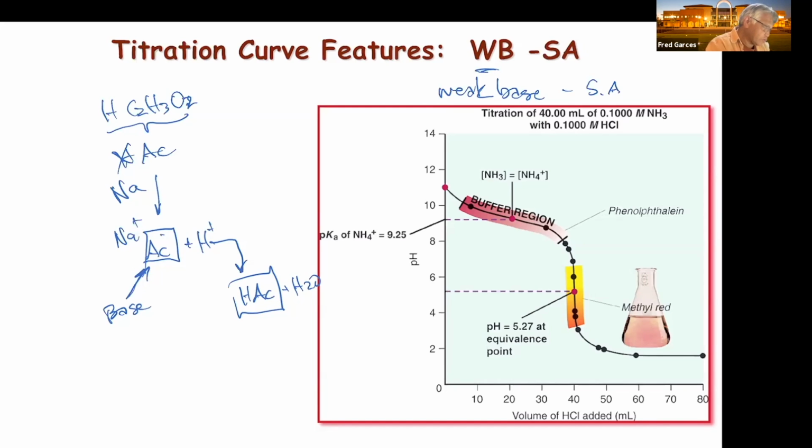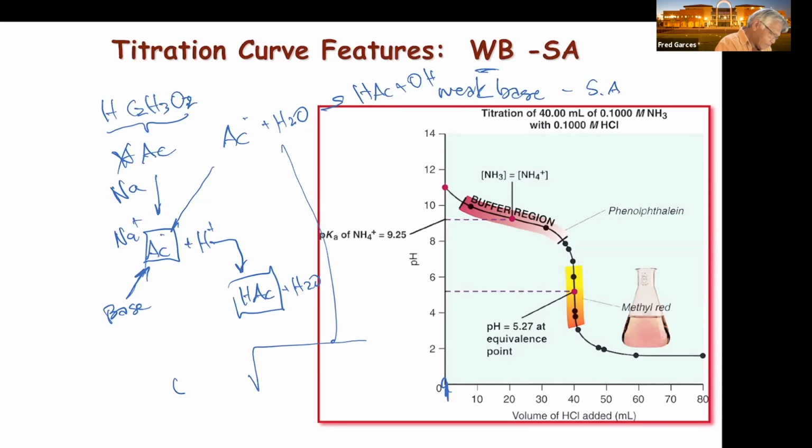So you're going to take a look at the acetate, and when you have zero titrant added, acetate is going to react with water to form acetic acid and hydroxide. But that's just this right here. It's a Kb now times the acetate ion concentration. Use that shortcut equation I showed you.